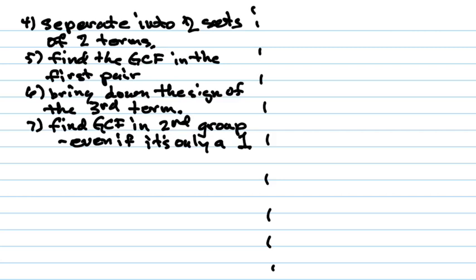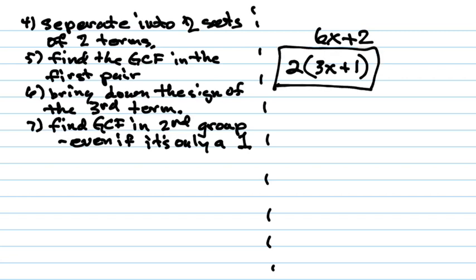Now remember, when you divide out a GCF, say for example you have 6x plus 2, what's common to 6x and 2? They're both divided by 2, right? So then you put that 2 in front of a parentheses, and then you go back and divide. 6x divided by 2 is 3x. Positive 2 divided by 2 is positive 1. And then you close it off with a parentheses. Remember that? So anytime you take out a GCF, you end up with a set of parentheses.